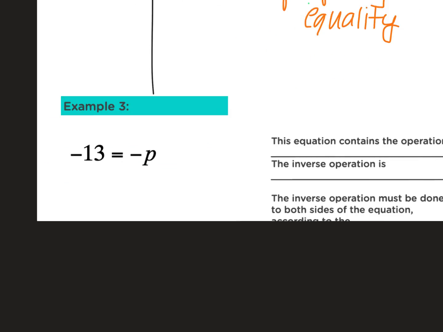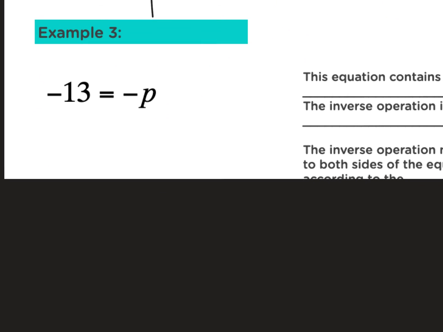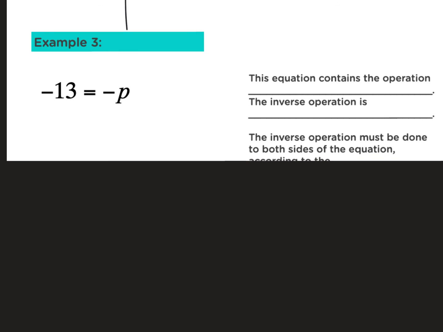How many of y'all have seen this before? Who tells me what operation's happening here? P is not negative 1, but that is better than I thought I was going to get. If you don't see a number in front of that variable, there's technically a 1 there.